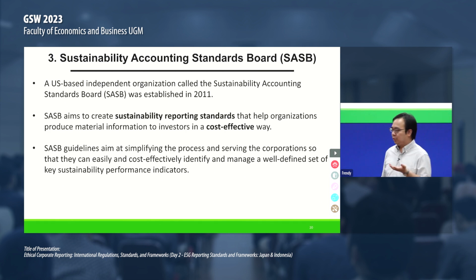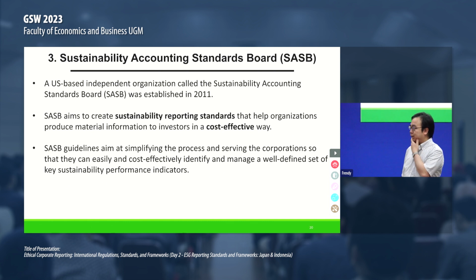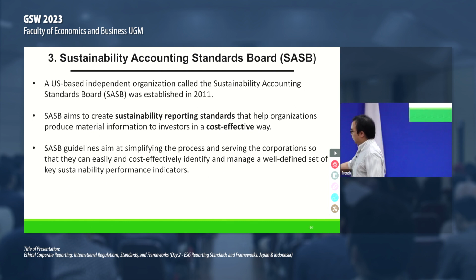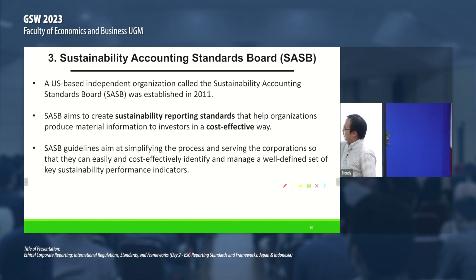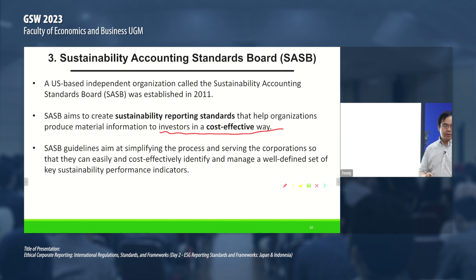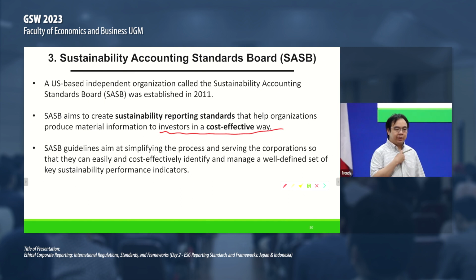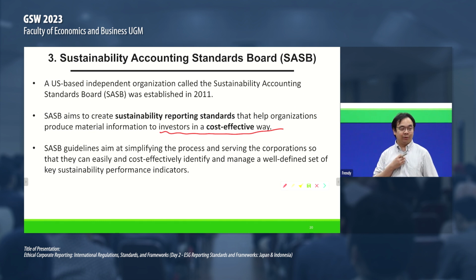It caters more to, and follows a similar process as, the conventional accounting standards. So the value proposition of this standard is how a company could report related information to investors in a cost-effective way.